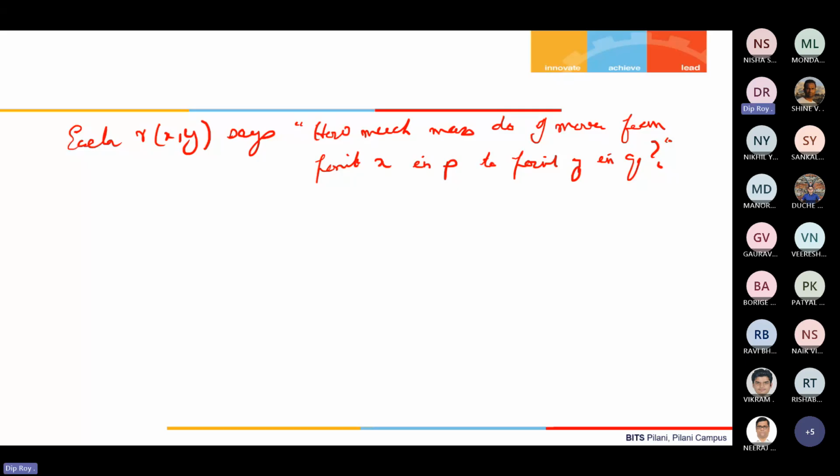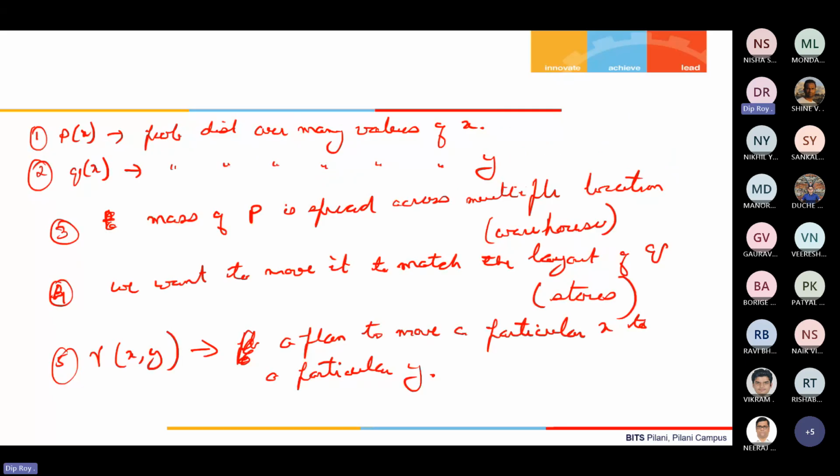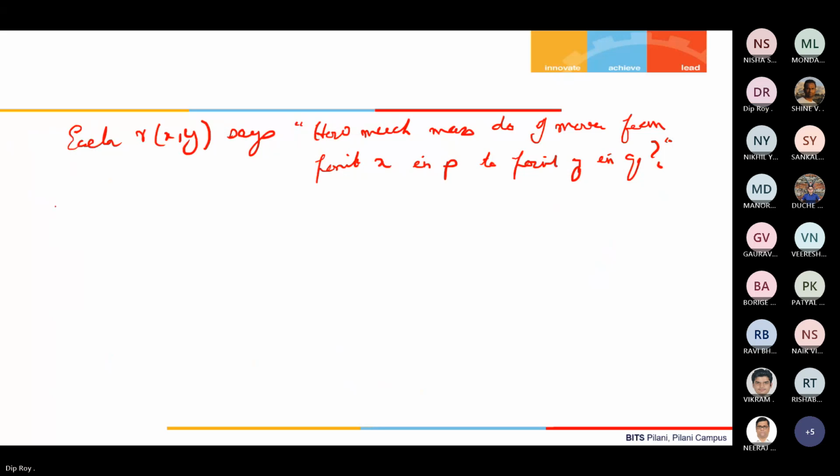Now, the other key thing to note is that all these rho x y combined together will form one row.